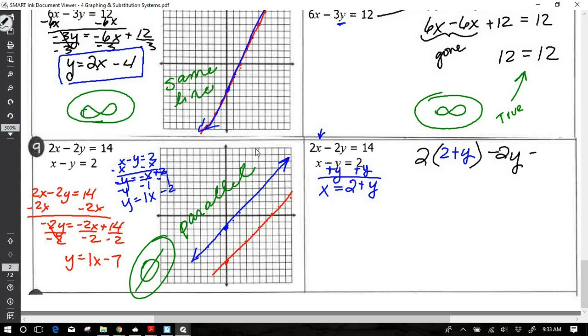Minus 2y equals 14. Let's do our distributive property. 2 times 2 is 4. 2 times y is 2y. Okay, I've got some combining like terms here. 2y minus 2y. Again, that is gone.